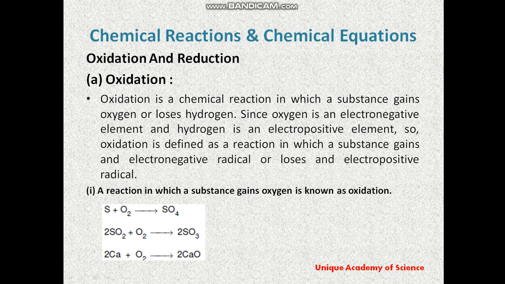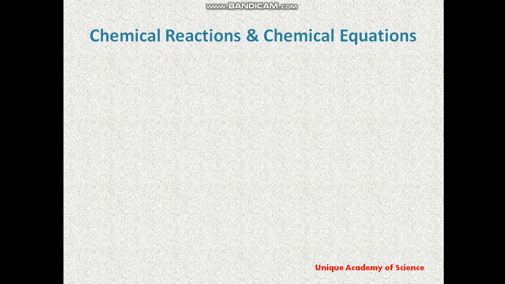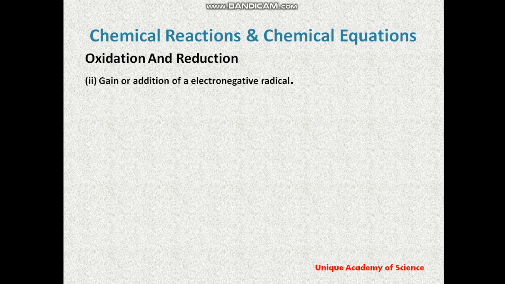So sulfur reacts with oxygen and makes SO2, whereas the SO2 also combines with oxygen, then it makes sulfur trioxide, SO3. Same as another example, calcium reacts with oxygen, so it makes calcium oxide. So this is known as an example of oxidation.